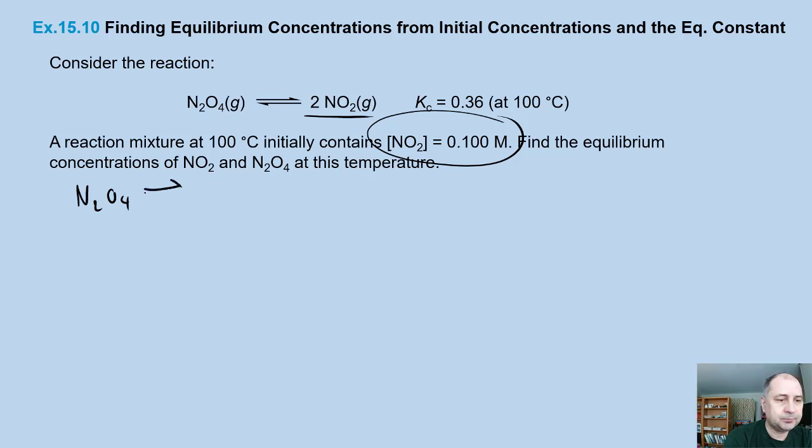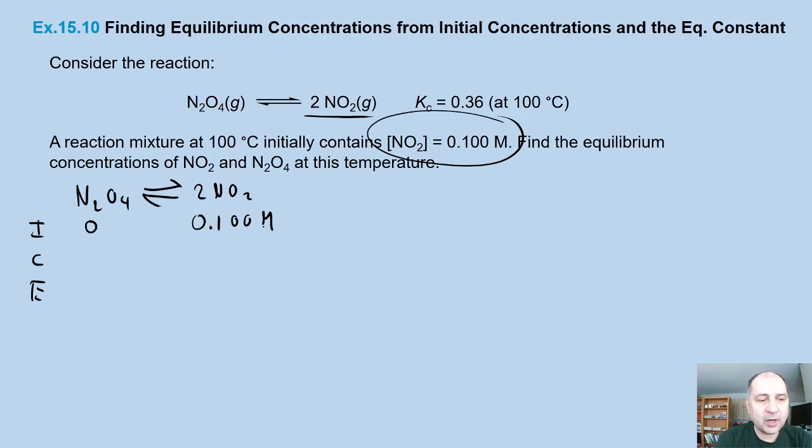N2O4 goes to 2NO2. ICE: 0 initially, 0.100 M of the product. So that's going to go down by 2x. This is going to go up by x.